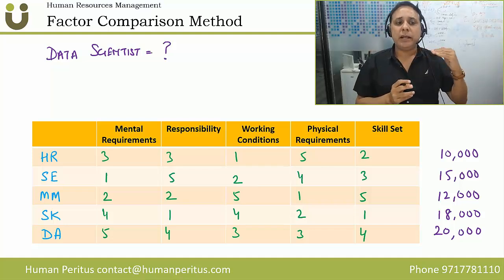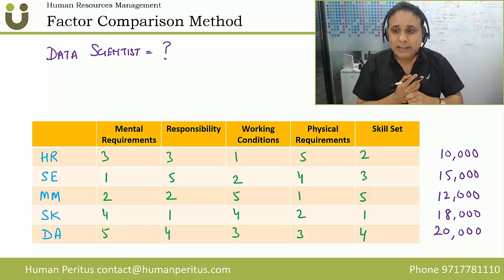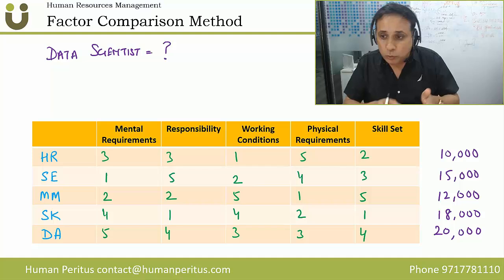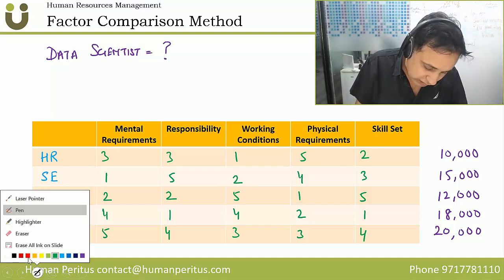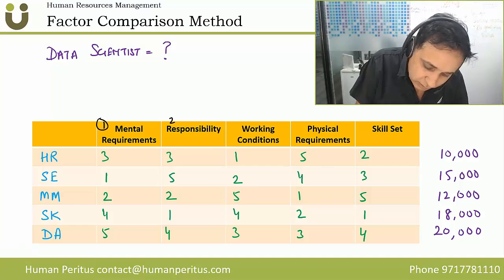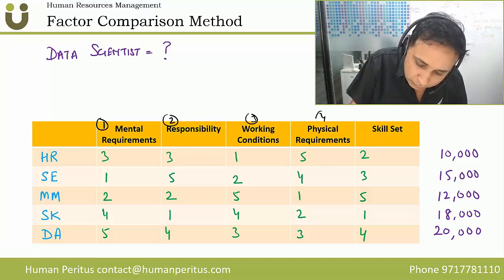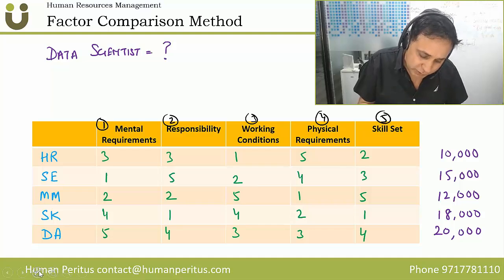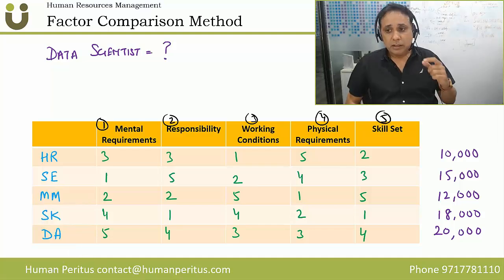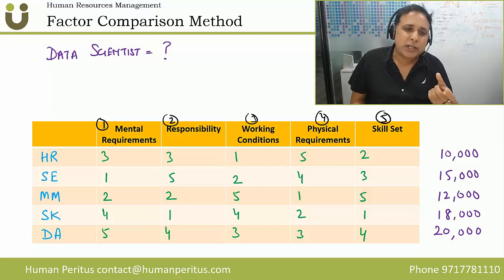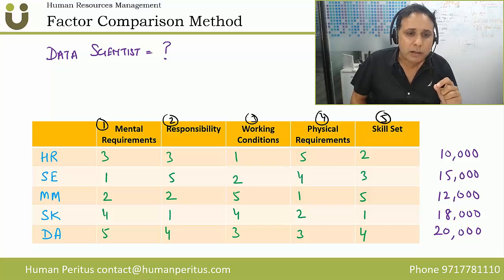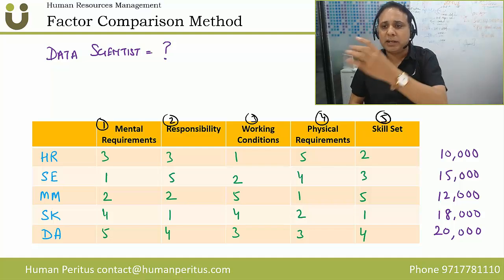For example, I take software engineer, and the software engineer earns 15,000 rupees. So these 15,000 rupees are divided into these 5 factors. You can think of it this way: if a software engineer is getting 15,000 rupees, how can this 15,000 be allocated among these 5 factors: mental requirement, responsibility, working condition, physical condition, and skill set.